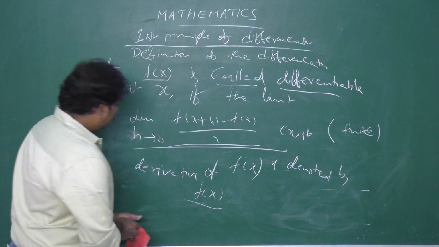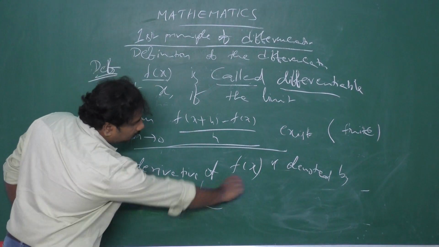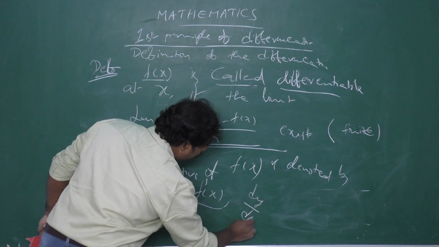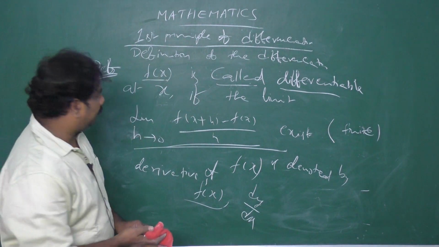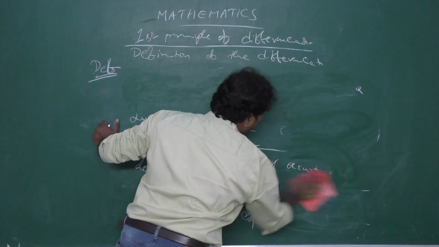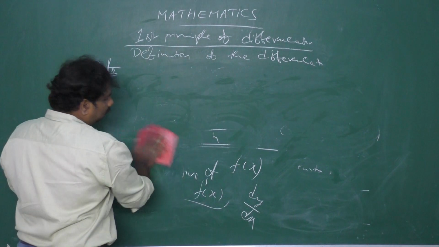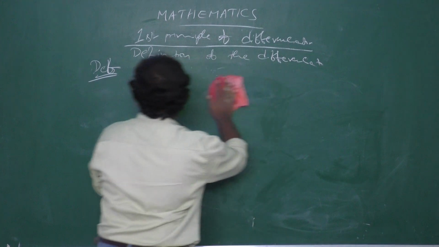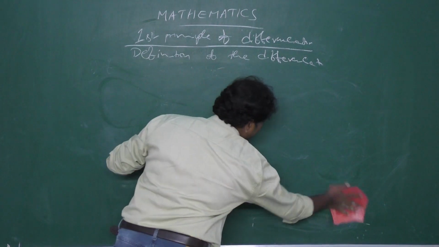Differentiation of a function is denoted by f dash x or dy by dx. We can say derivative of the function. Here we are discussing functions where the limit can exist.